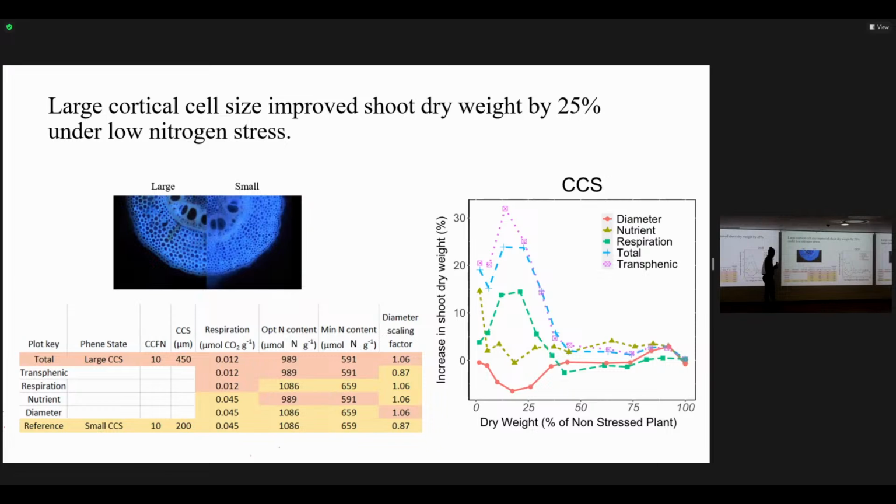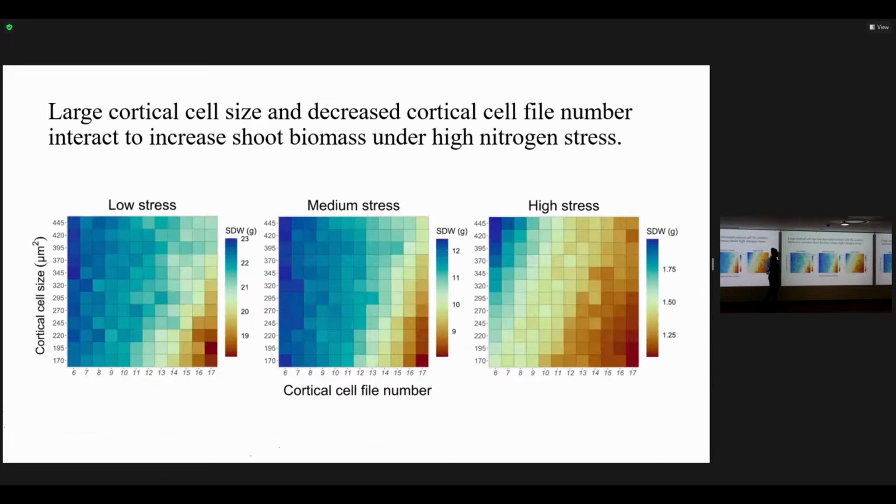But here, this is the thing. Here we are only observing large or small cortical cell size. We are not looking at all the possible combinations that I was talking about at the beginning. But since we have the multiple regression model and the OpenSimRoot model, we can test every possible combination. So I took the respiration and nutrient content of different levels of cortical cell file number and different levels of cortical cell size.